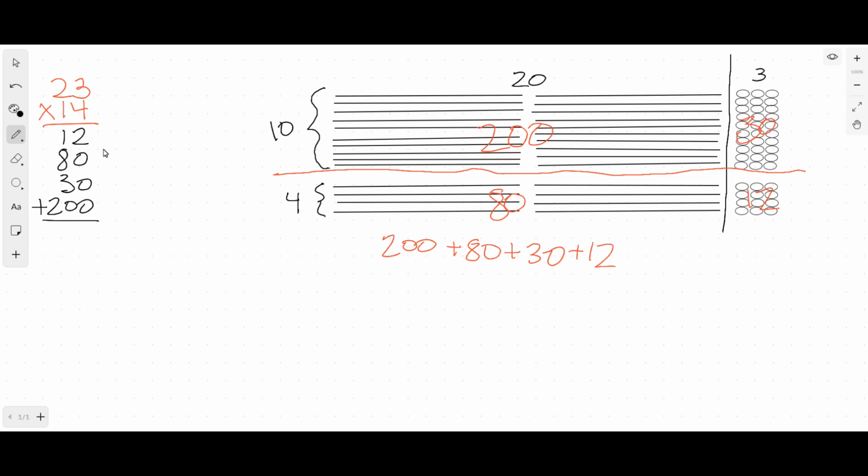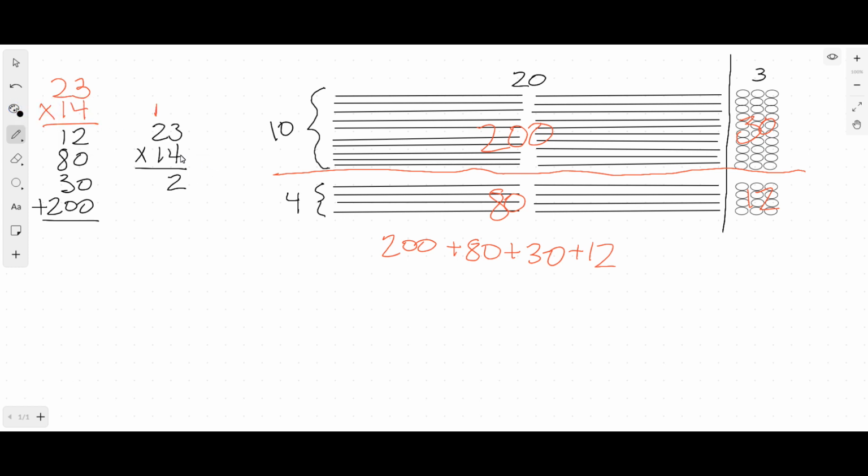And if you're confused about where these multiplications came from, let's see, how can I split this for you again? Okay, so to clarify what this sum is, let's do it the way we normally would, where we do our regrouping. So 3 times 4, I would put a 2 here, and I put a 1 up in the top.